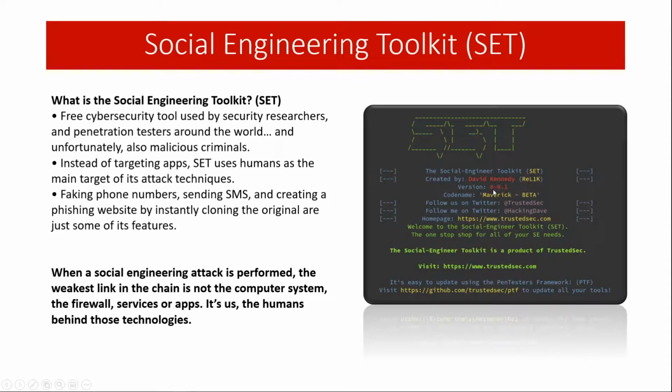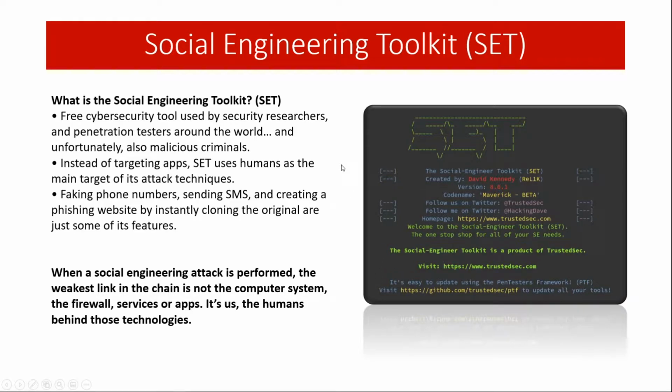So we'll see how it's done from the attacker side and how they craft these social engineering campaigns. Other than just cloning websites and phishing for emails, this tool can also be used to fake phone numbers and send SMS, and as I just mentioned, cloning websites is one of the big use cases of the social engineering toolkit.